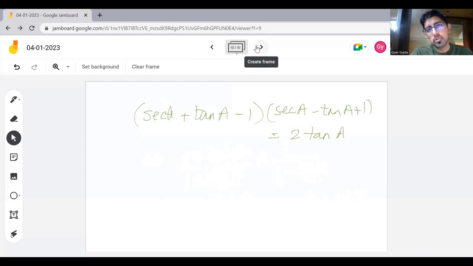The brute force approach, like anyone would do, is open the bracket by multiplying each term with the other term. Secant A into secant A, secant A into tan A, secant A into 1, tan A into secant A, tan A into tan A, tan A into 1, 1 into secant A, 1 into tan A, 1 into 1. But that's a grunt way of doing the problem. It's not a smart way of doing the problem.